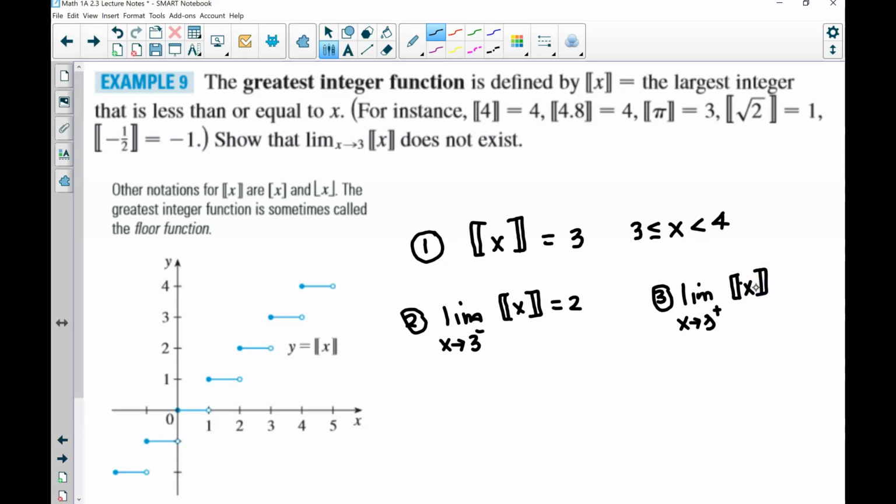Again, looking at the graph, as you're approaching 3 from the right, that limit is actually the value of 3. So we can see here that this does not exist. And so by theorem 1, since those aren't equal to each other, then we can confirm that the limit does not exist.